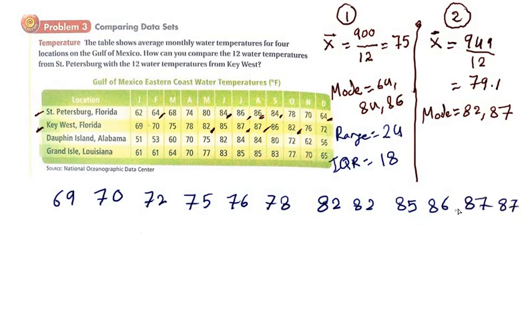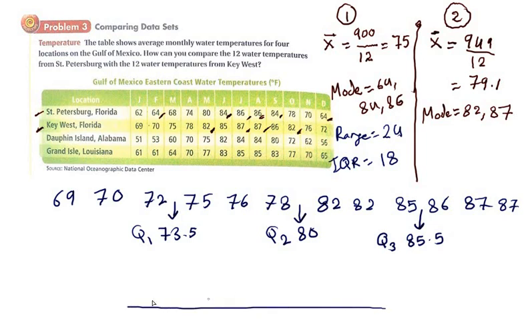The median of this set is 80. It's the mean of these two values. This is Q2. The median of this part, or Q1, is 73.5. And the median of the other part, or the third quartile, is 85.5. This is Q3.